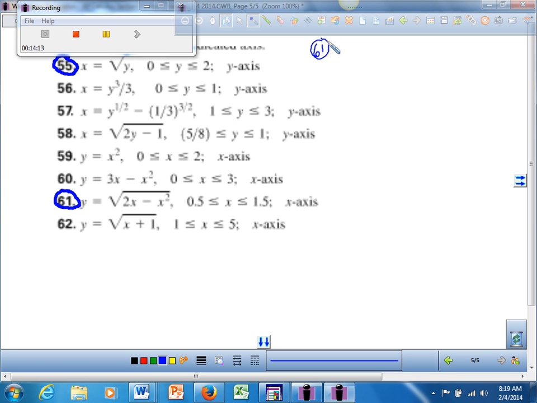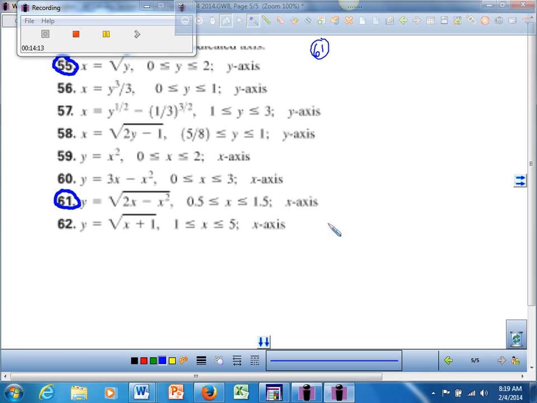Okay, so on this one, the directions got cut off. But what we are being asked to find is the surface area of the solid. It says in exercises 55 through 62, find the area of the surface generated by revolving the curve about the indicated axis. So in 61, we have rotation happening around the x-axis.